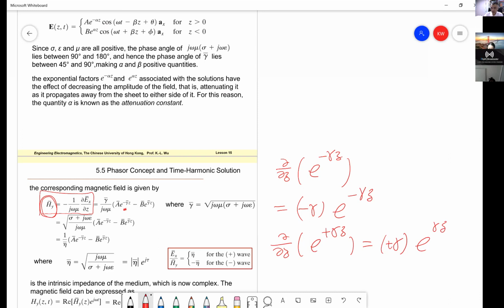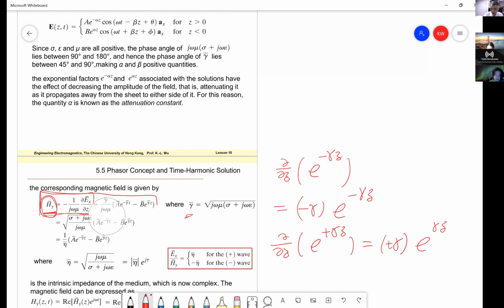Then we have this relation. We take the derivative and come up with Hy equal to this. Don't forget gamma is a complex number, right?